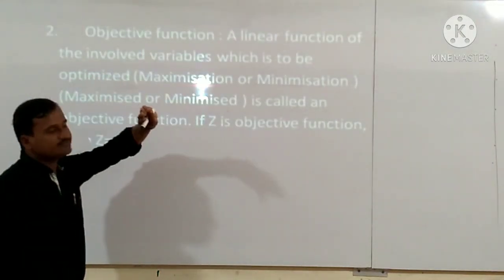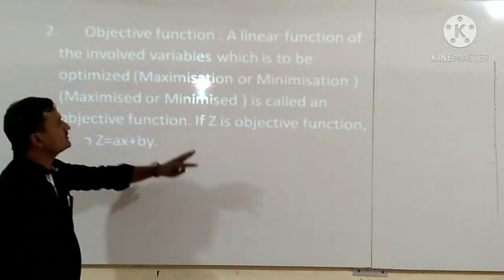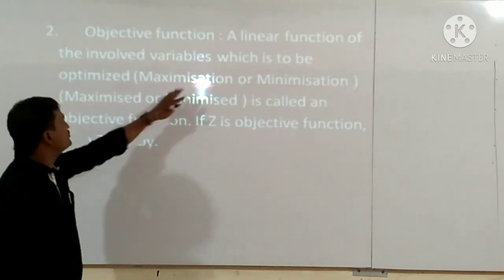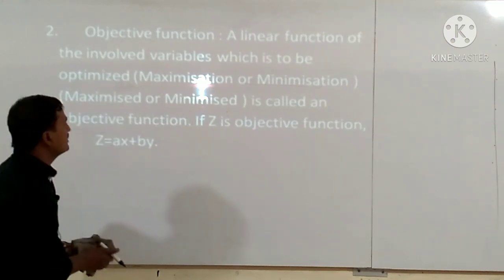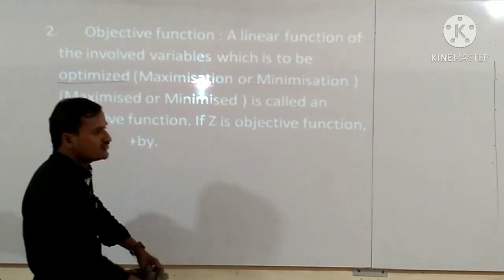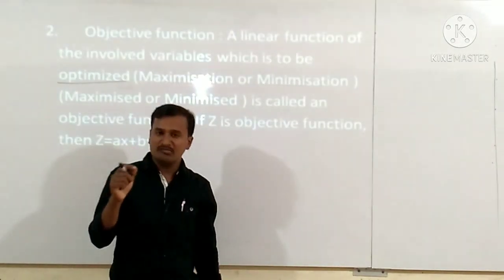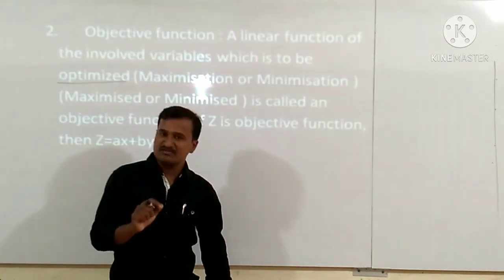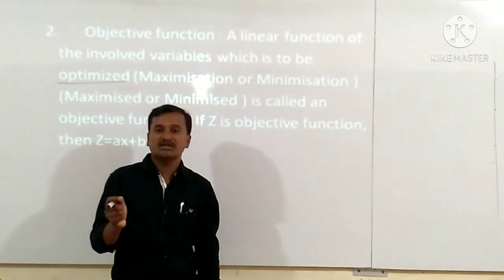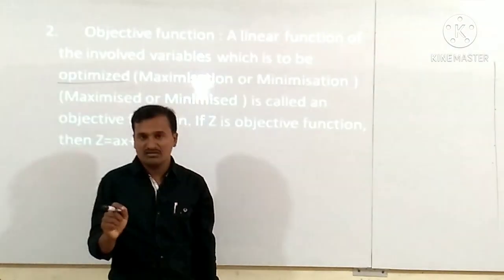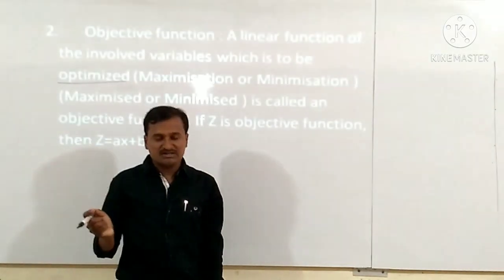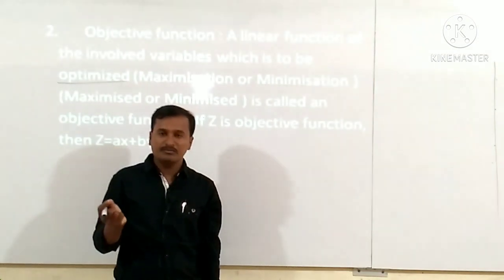Objective function is a linear function involving the variables which is to be optimized. Again, the meaning of optimized: optimum is nothing but maximum or minimum. Optimization is nothing but maximization or minimization. Optimized means maximized or minimized.